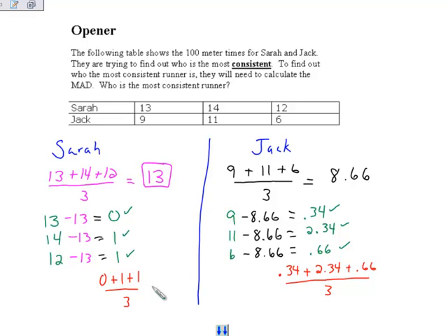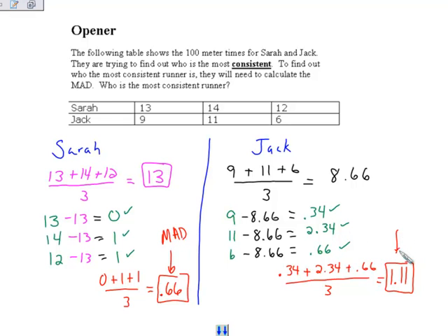Alright, so for Sarah, 0 plus 1 plus 1 is 2. 2 divided by 3, we'll just say 0.66 repeated. For Jack, all of this winds up being 1.11. Now I'm going to box those two in because if you read the next step, step 4, the answer you got here is the MAD. This is Sarah's MAD.